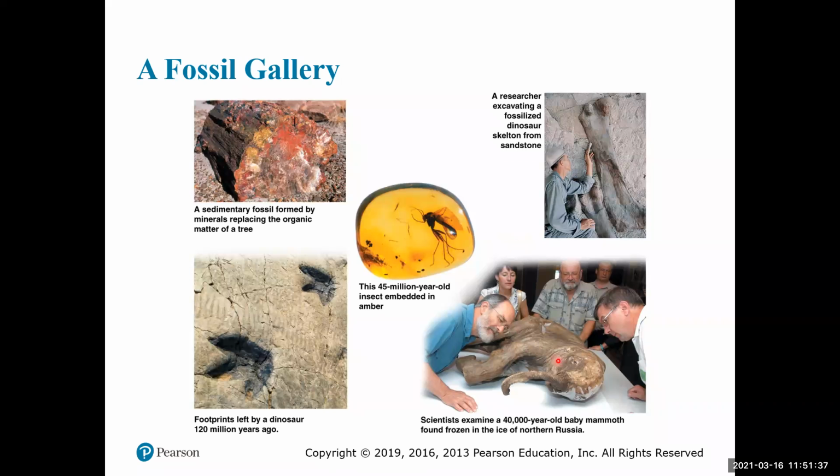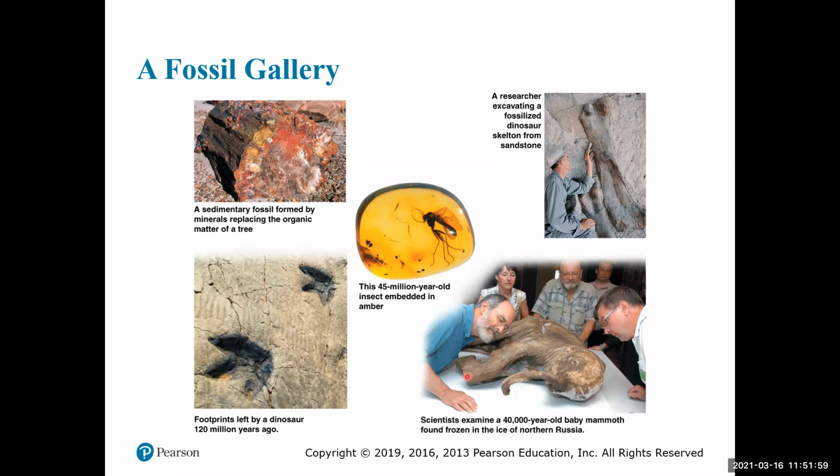Every now and then, scientists can get extremely lucky and search the frozen landscapes of the northern hemisphere where a lot of permafrost exists. And this permafrost is this frozen ground. If you can freeze the soft tissues, then they actually preserve really well.